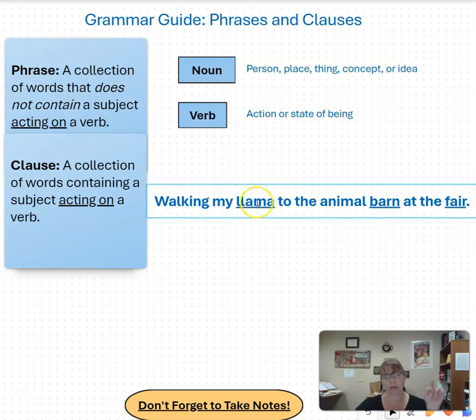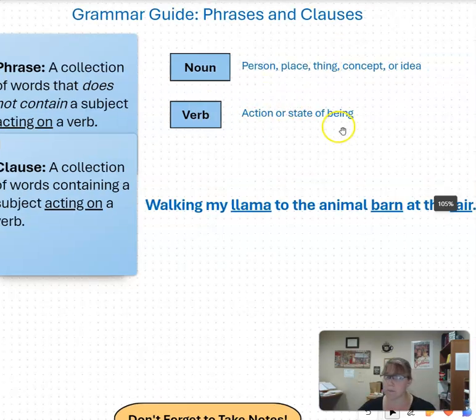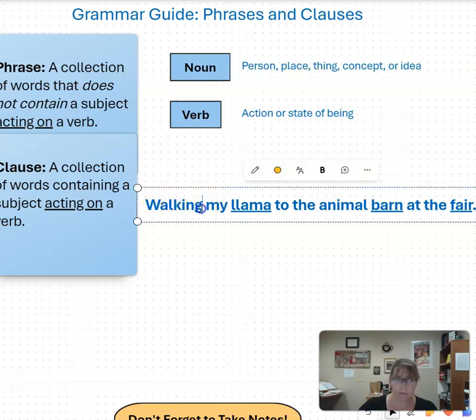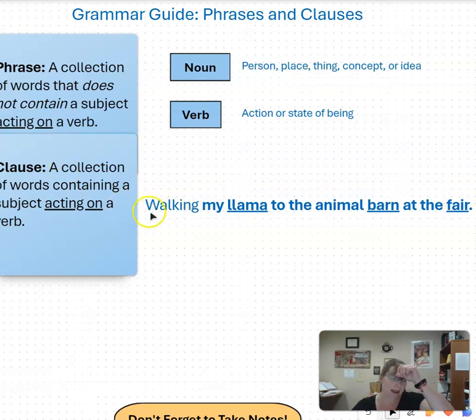So we have 3 nouns right here. Okay, so do we have an action or a state of being? Well, we have walking. Everybody says, well, this is an action, right? It's something that we're doing. We're walking along. So therefore, we've got 3 nouns and we've got an action.